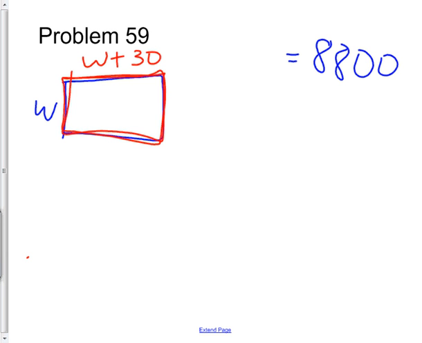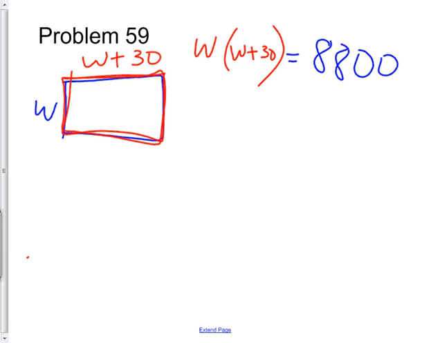And then the area they're going to tell me. So normally I'd say length times width gives me the area, but in this case, I'm not going to use that. I'm going to use width and width plus 30. So let's do width times the length, which is width plus 30.